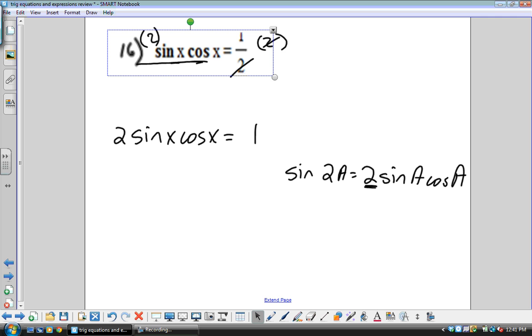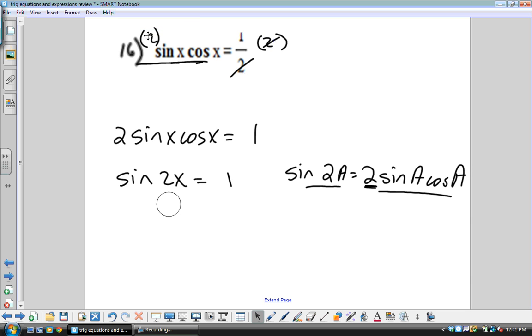Okay, now we can use our double angle. So for 2 sine x cosine x, so I have a 2 sine A cosine A, we can substitute sine 2x here. So we get sine 2x equals 1. Okay, now it does give me a coefficient to deal with, which I'm not really too fond of here, but now I can at least solve it. So we'll let A equal 2x.